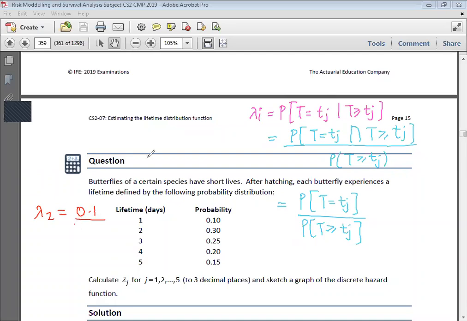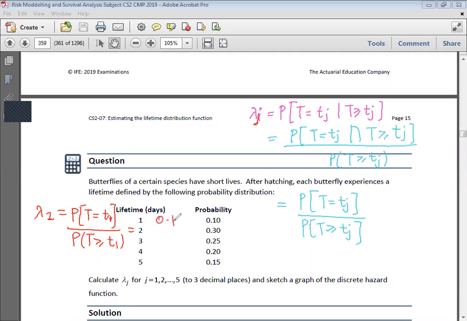Yeah, so let me write it nicely. I guess this should be lambda j, guys. Whatever j you have here is what you have there. So for lambda 1, I'm talking about T being equal to T1 upon the probability that T is greater than or equal to T1. I know the probability that T will be T1 is given to me: the lifetime will be just equal to T1, which I've defined as 1.